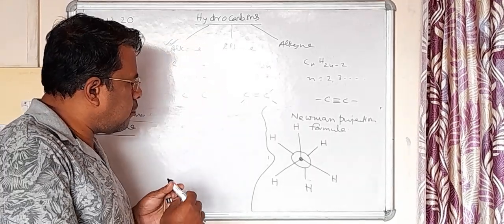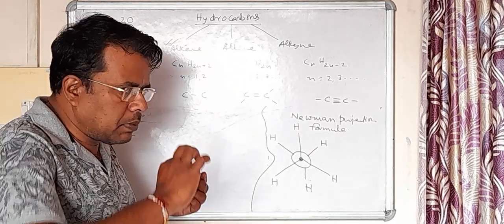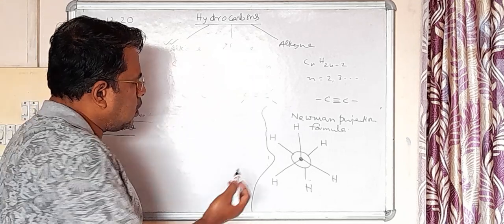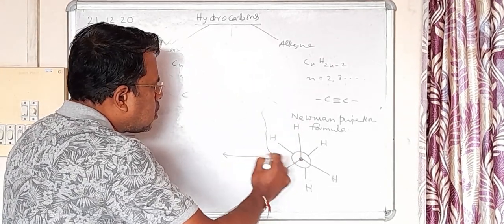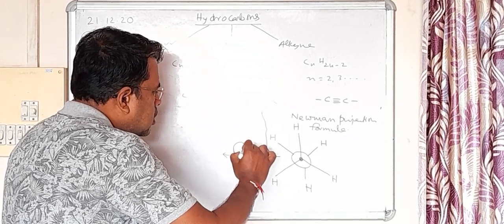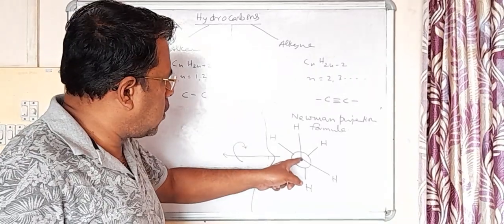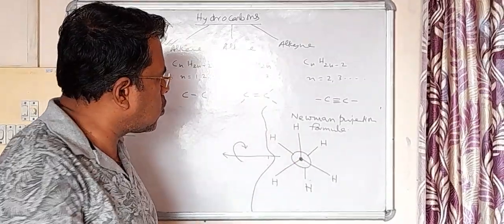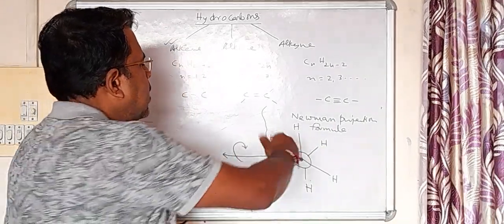Now as we know, the other forms appear because of carbon-carbon free rotation. So I am trying to get another form. This is the symbol for rotation. Suppose we keep the front carbon atom fixed and we rotate the rear carbon atom, the backside carbon atom.